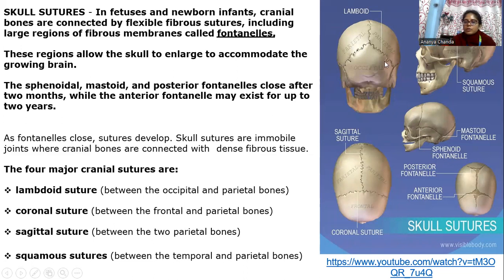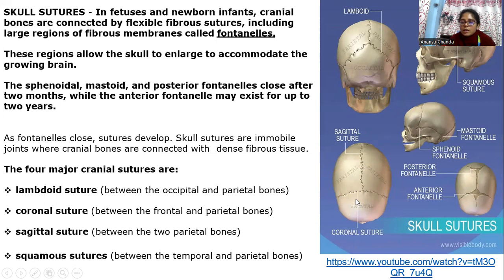So this portion is the lambdoidal suture. Then comes the coronal suture. Coronal suture is the position which holds the frontal and the two parietal bones. So this frontal and this parietal bone are attached with the coronal suture.